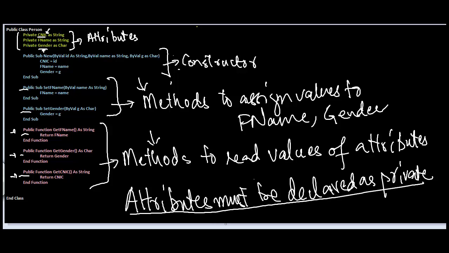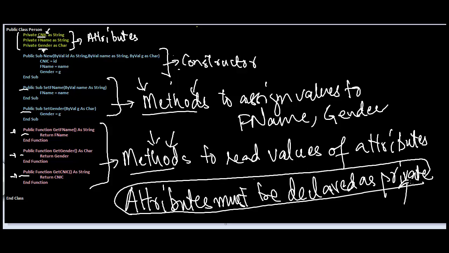If they are to be accessed, then we are going to use methods to access these attributes. These attributes cannot be directly accessed because they are private. We are only going to access them using these methods, okay?